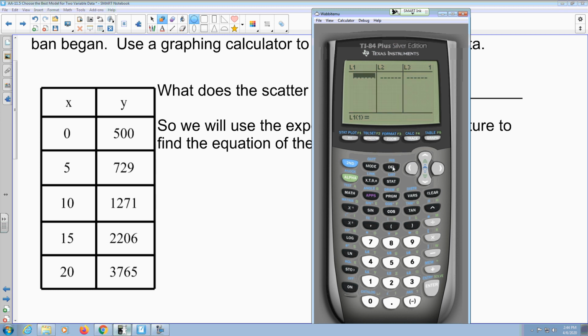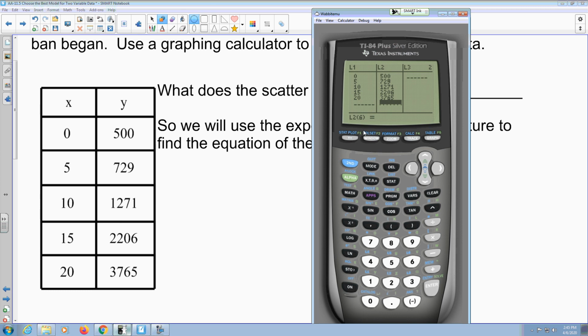So now I got 0, 5, 10, 15, 20. All right, and then I go to my Y value, which is 500, 729, 1271, 2206, 3765. All right, so now I got my stats.